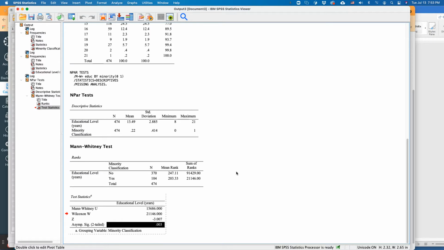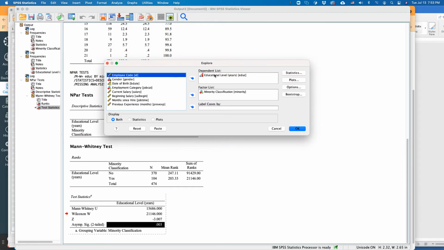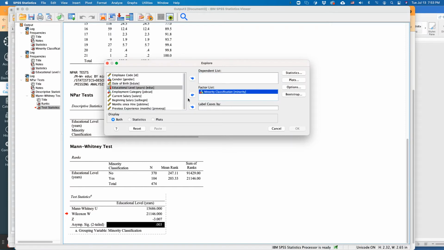So now remember, this is comparing medians. So if we were to take a look at the median for those two groups, right? So let me set that up because I had already done that. So we want to look at minority class, right? So we usually put the one with the smallest number of categories into the factors list, right?